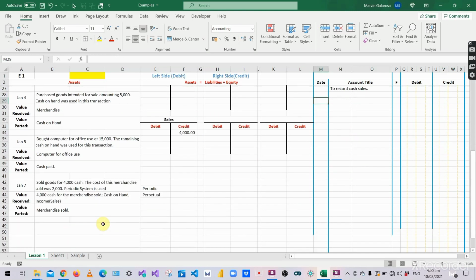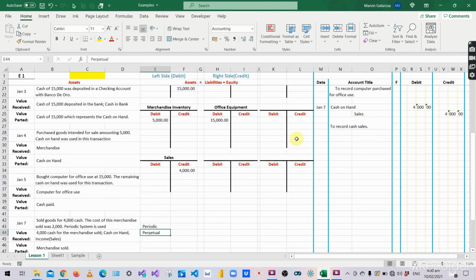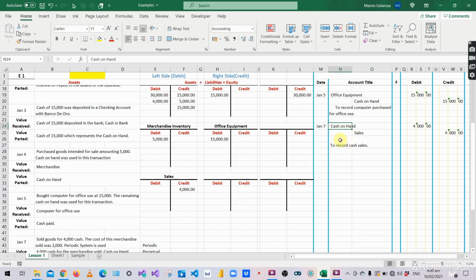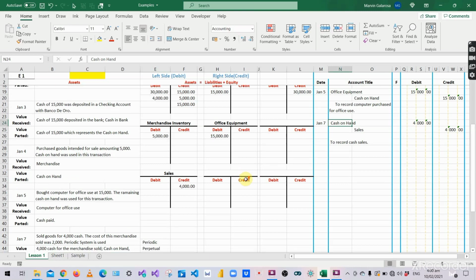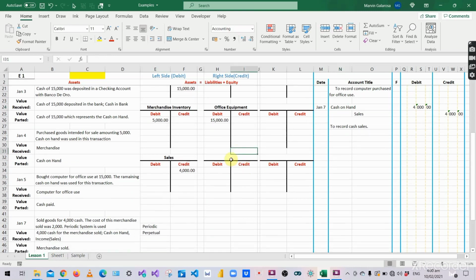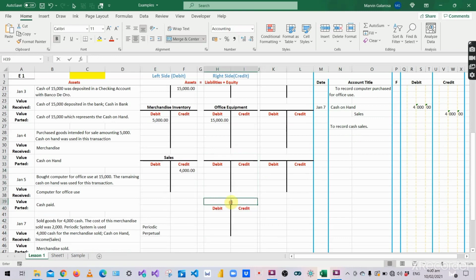What if ang ginamit natin is perpetual inventory system? So, maliban sa entry na to, debit cash on hand, credit sales, magkakaroon pa tayo ng additional na entry. Para sa cost of goods sold.